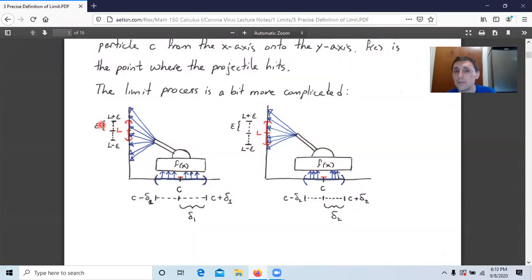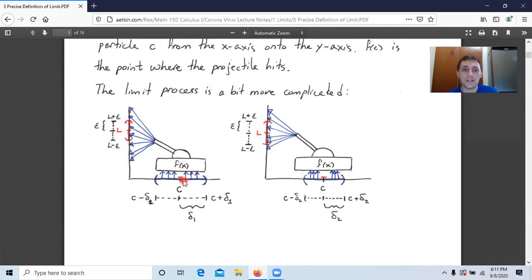That's just whatever the opening. Epsilon might be a pipe of 1 inch opening, in that case epsilon is 1, or it might be half an inch opening, in which case epsilon is 1/2, or 1/4, etc. But the idea is this pipe is generally supposed to be very narrow. And then your goal in this game is to close the horizontal valve enough so that the stream will entirely land into the pipe.